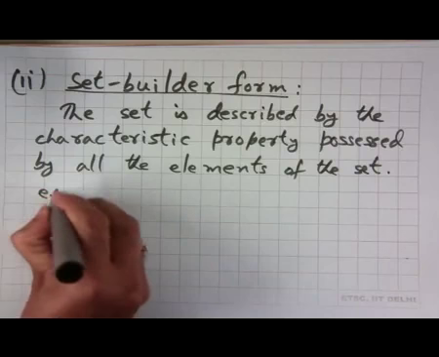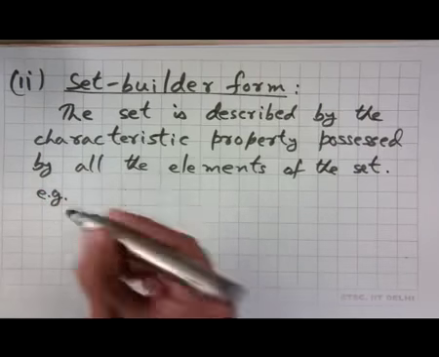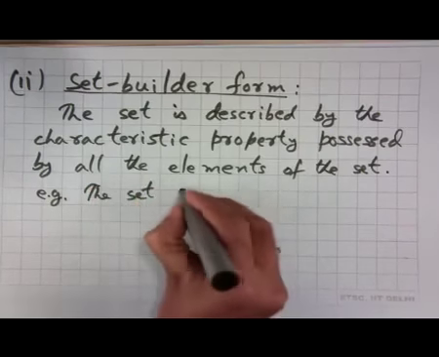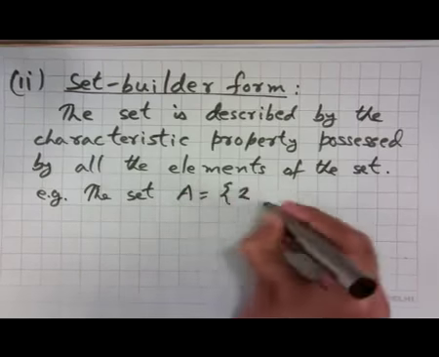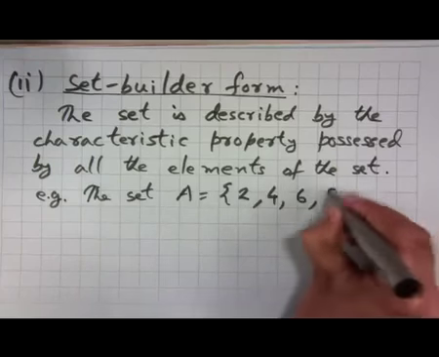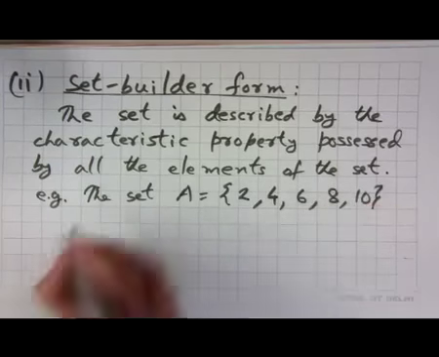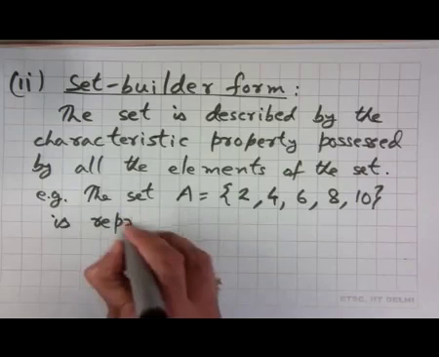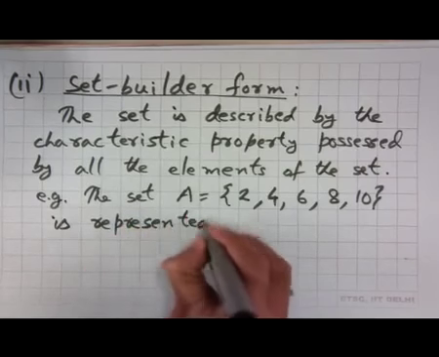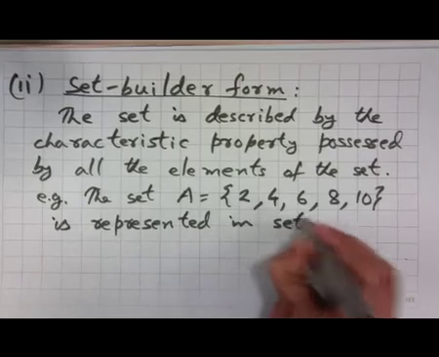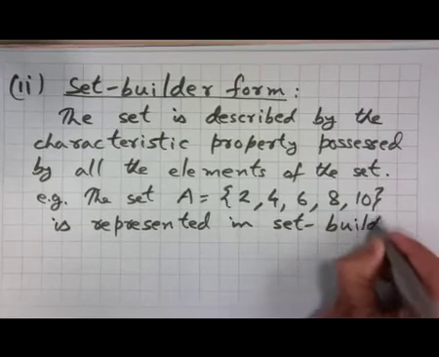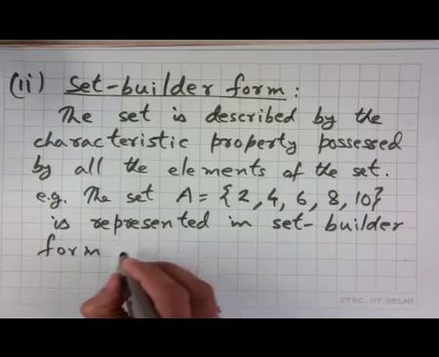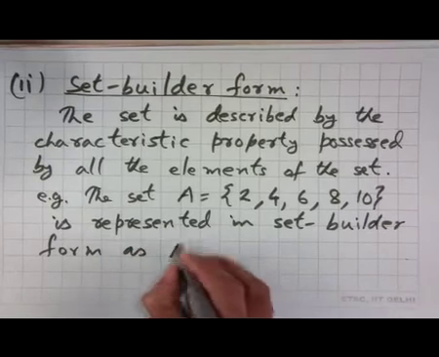So, for example, if we look at the previous example, the set A is equal to {2, 4, 6, 8, 10} is represented in set builder form as A is equal to.